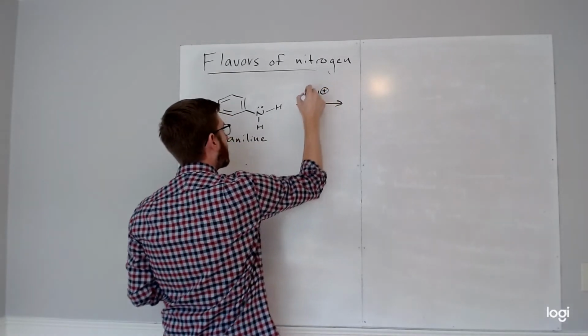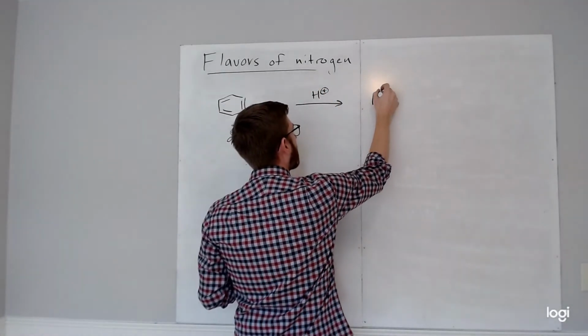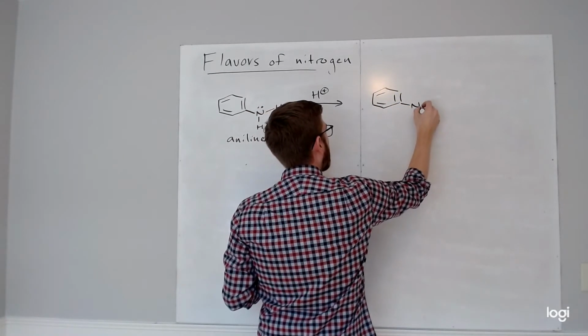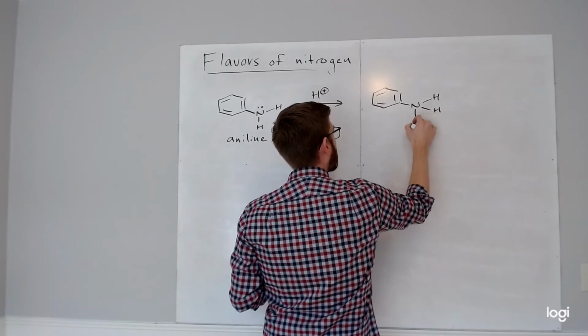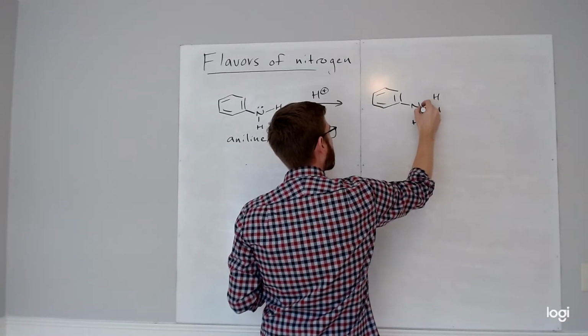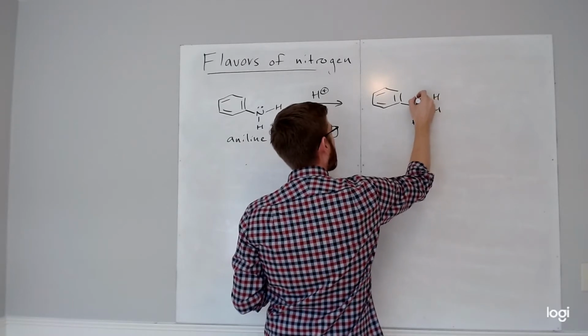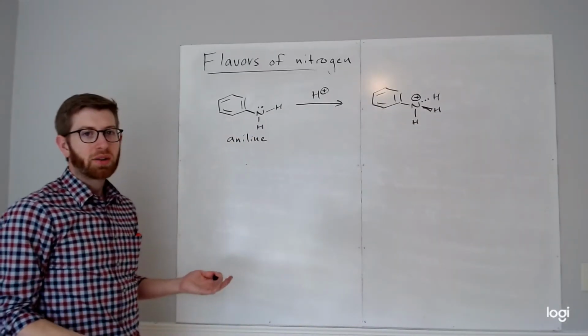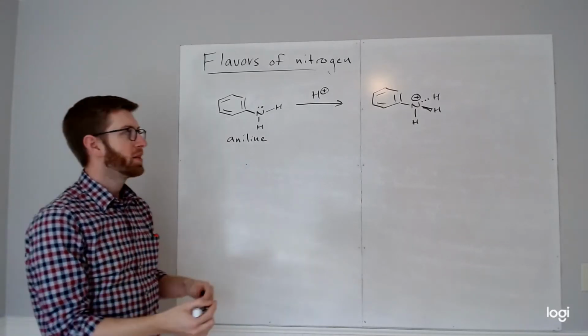We'll draw our conjugate acid, which has a fun name. The nitrogen becomes tetrahedral, right? Because there's no longer a lone pair to donate, the nitrogen is going to have 4 bonds.